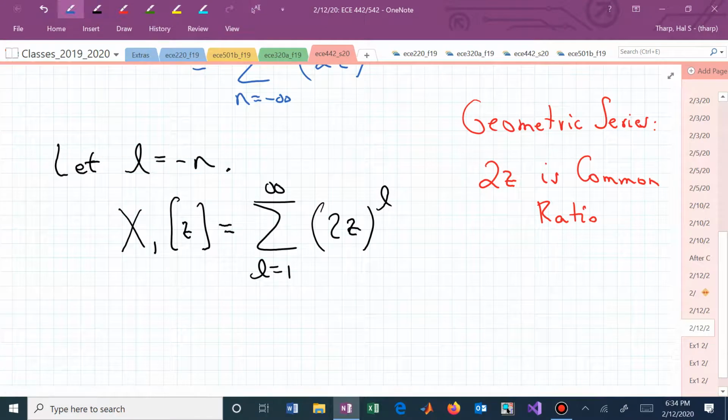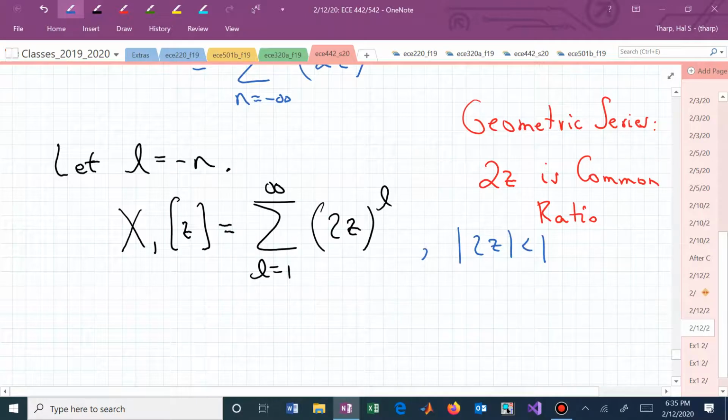And we know also that this will converge as long as what's true. When will this tail get smaller and smaller so that the sum of all of that tail gives us a finite value? As long as that 2z, as long as that common ratio is less than 1. So this will now converge as long as 2z, the magnitude of that, is less than 1.